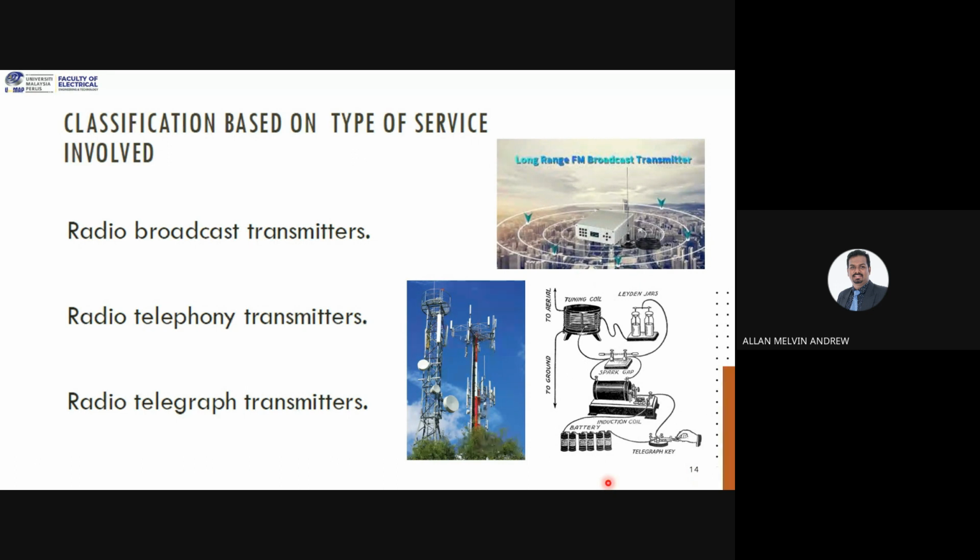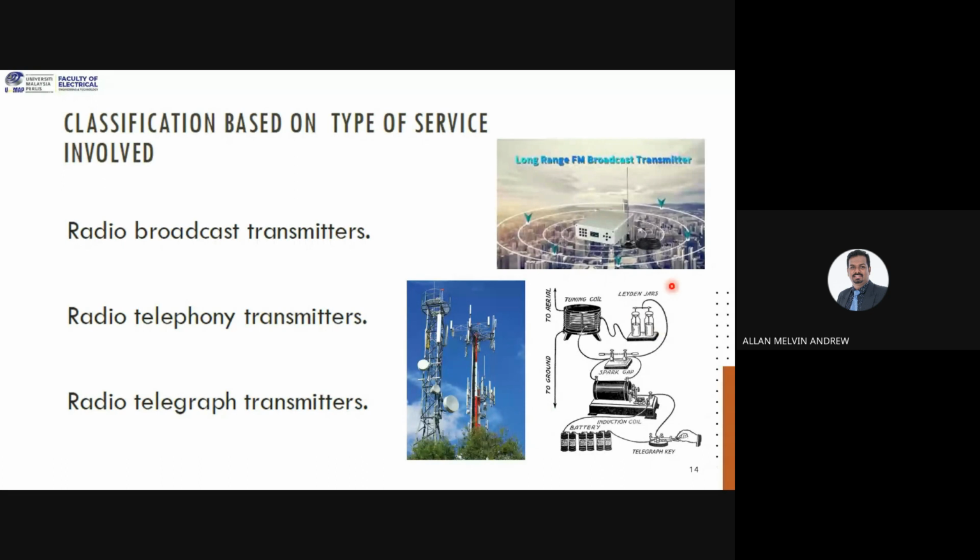It was used in the military during World War One and Two to send information between stations, between countries. This is a radio telegraph transmitter, but now we are not really using this already. It's outdated and obsolete.